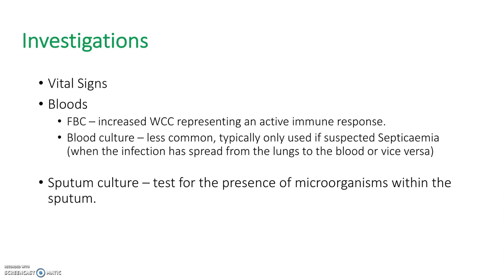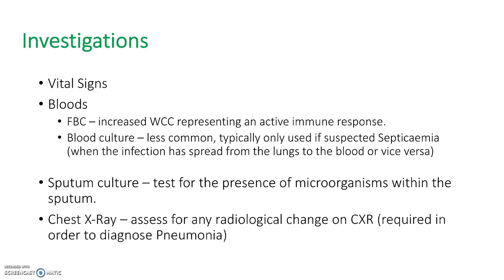You could take a sputum culture as well, so test the sputum that's produced when coughing for any microorganisms that may be present. And finally, and most importantly, a chest x-ray. This is really important to make a diagnosis of pneumonia, as per the definition, pneumonia has to show radiological change.